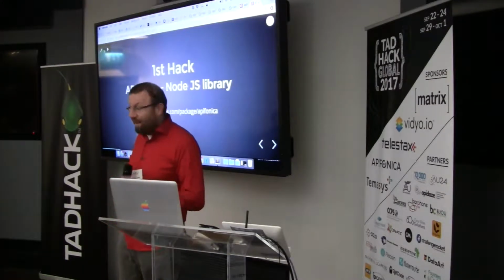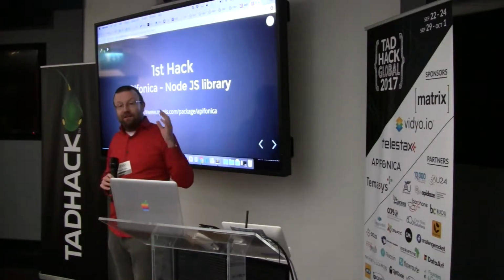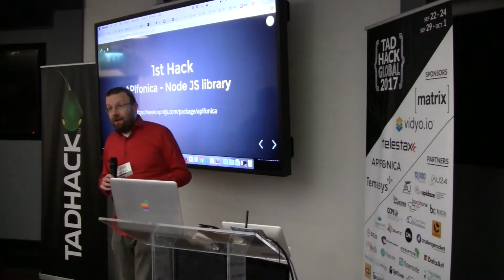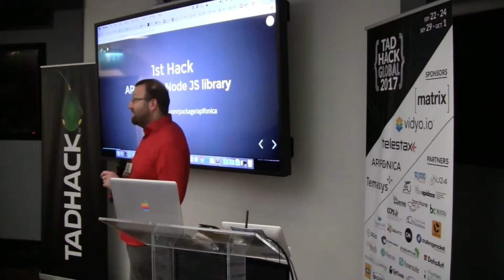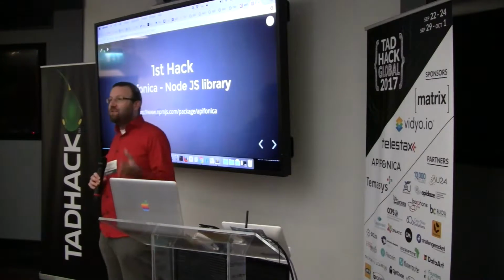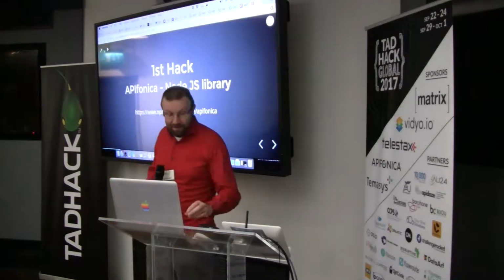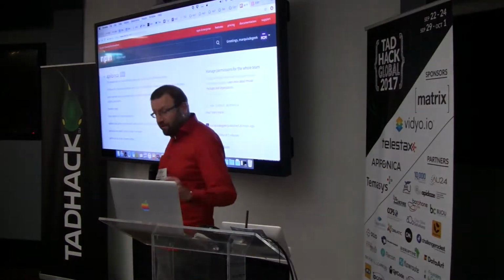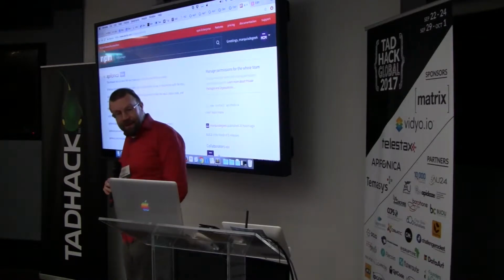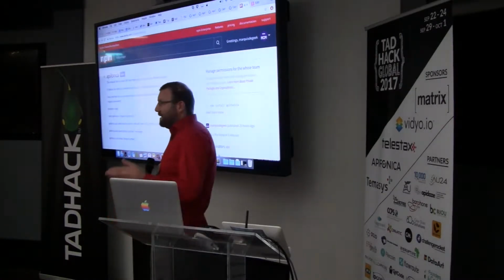So what we did is we created 2 hacks, ultimately. The first hack was an Apiphonica Node.js library. This is primarily because I don't do Node.js, and I wanted to wean myself into it and not be scared of it anymore. It's now up on NPM, and it does most of the standard things that Apiphonica does.